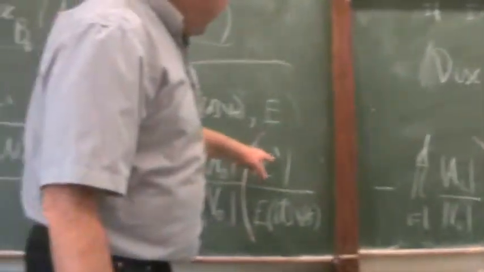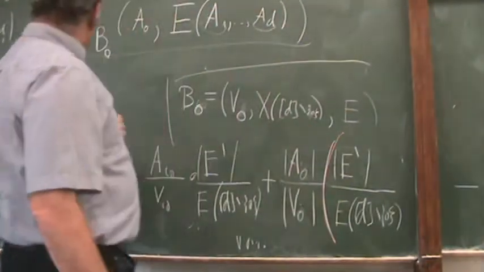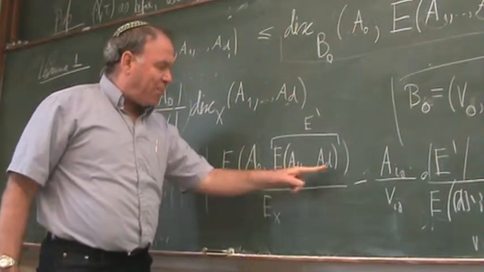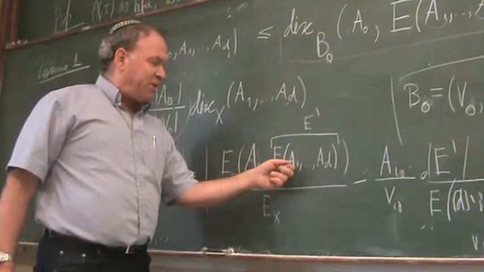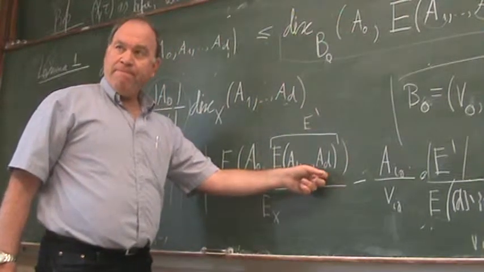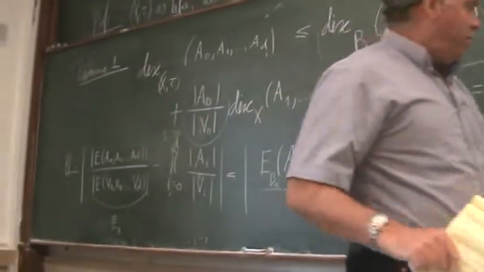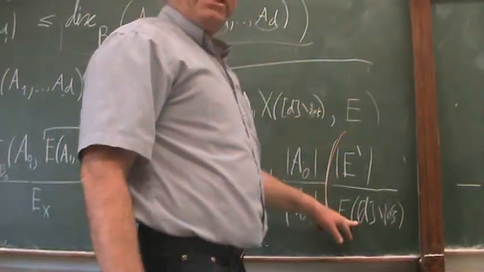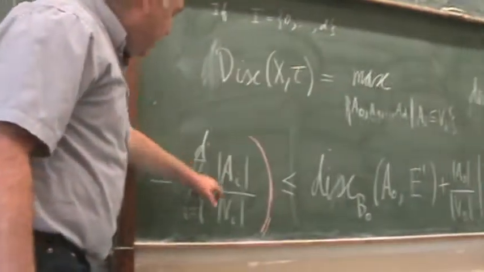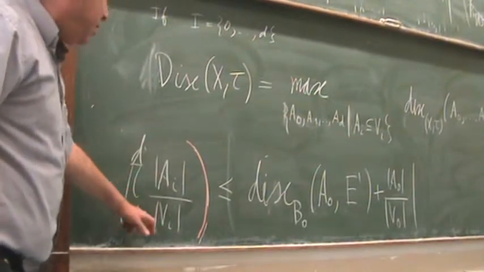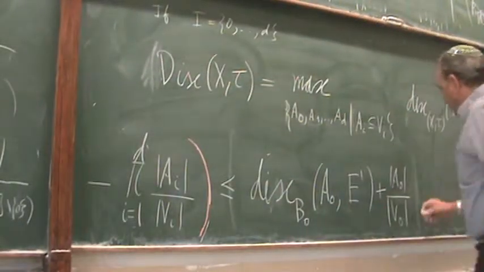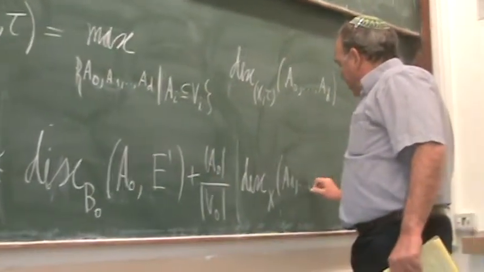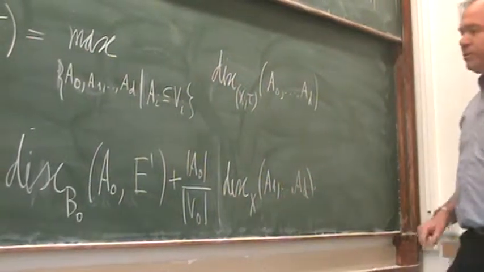And E prime is exactly the faces with colors 1 up to D, such that the points are in A1 up to AD, divided by the total number of these types of faces, minus the expected value of them, which is exactly this one. So this is exactly the discrepancy in X of A1 up to AD without A0.